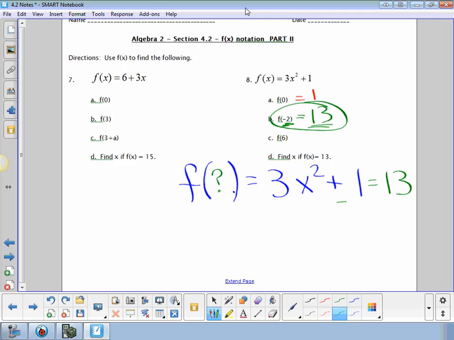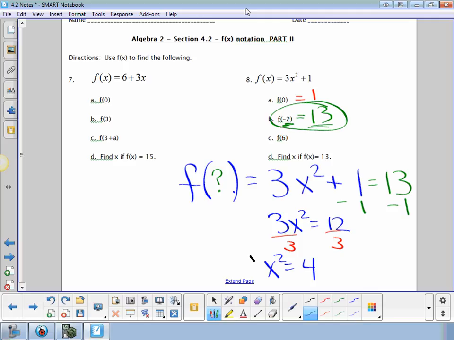Take away 1. What do you get? 12. Instead of multiplying by 3, divide by 3. And what do you get? 4. Instead of squaring x, you're trying to undo it by square rooting.